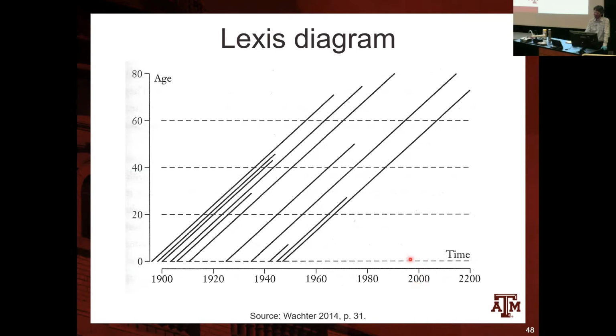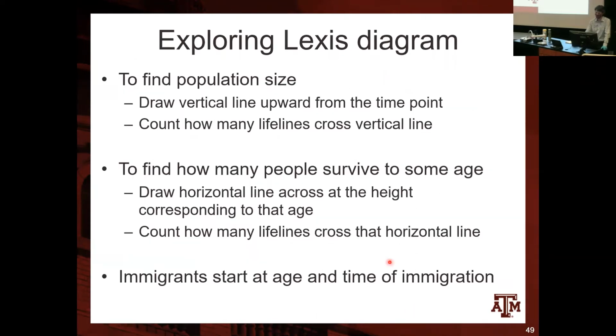What's the population of that specific place in 2000? It's pretty much 2 people, right? Because we draw a vertical line here from that year 2000, and it touches these 2 lifelines. That's exactly what's written here: draw a vertical line upward from the time point and count how many lifelines cross that vertical line.